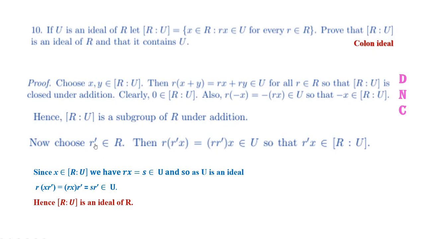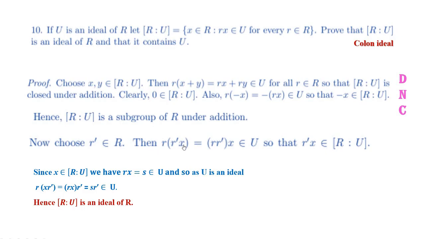Next you choose r prime in R, then r into r prime x. You will have to show that both r prime x and x r prime are in the colon ideal, that is R colon U. So how can I show that this is in R colon U?